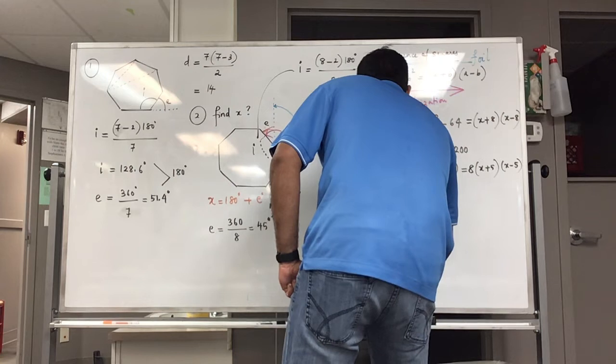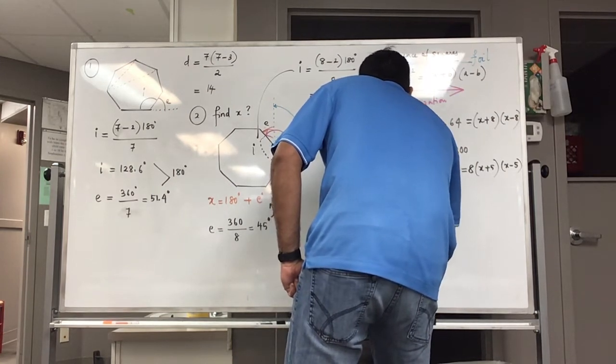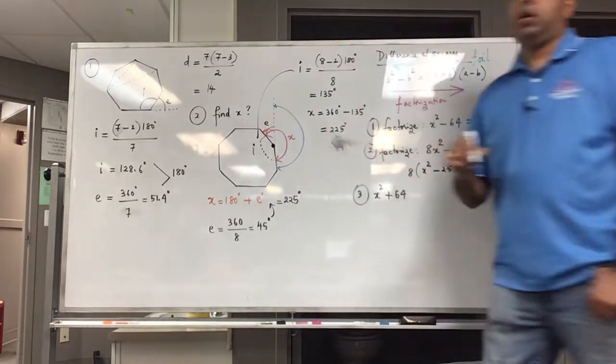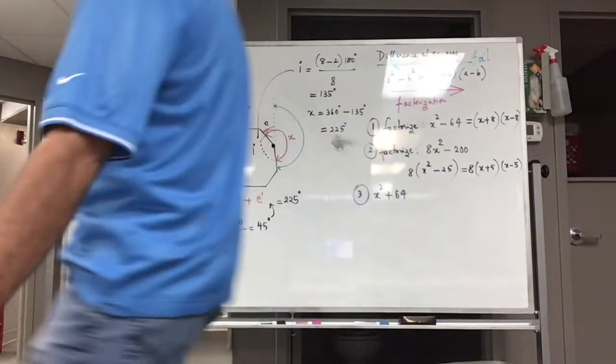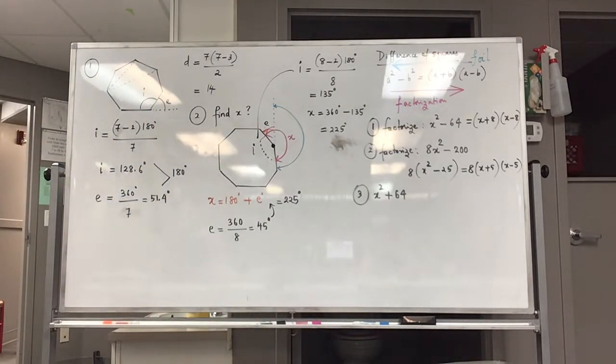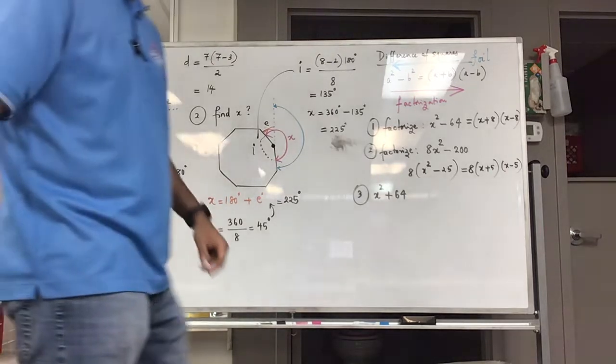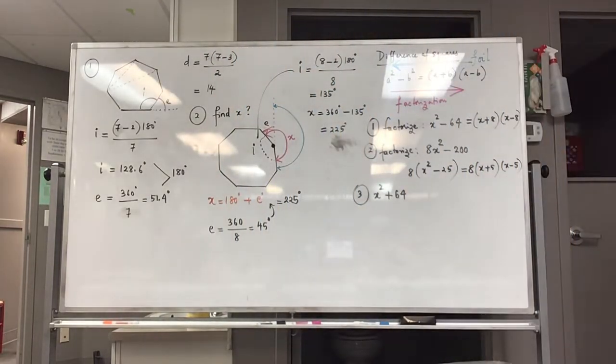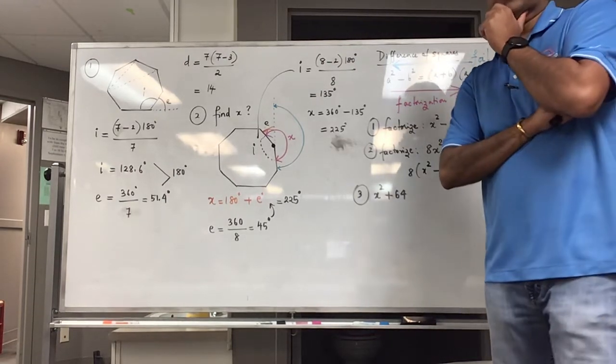Question number 3. Factorize x squared plus 64. x squared plus 64. Nisha, what's your answer?